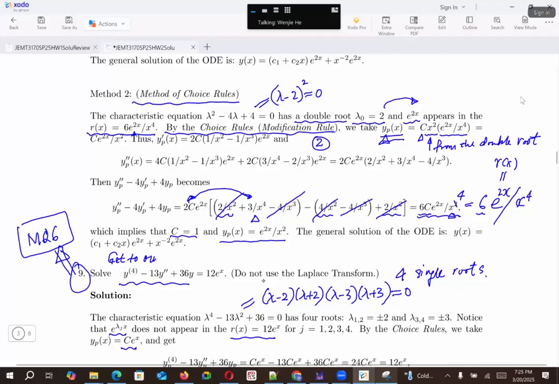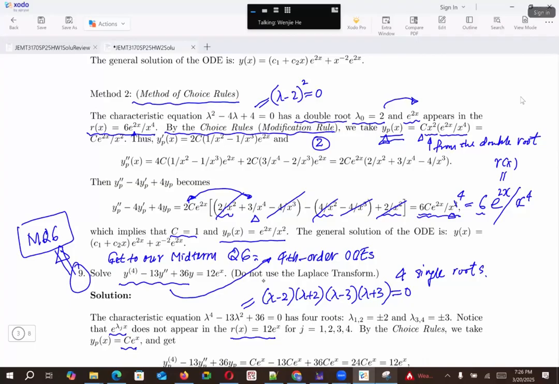Now we get to our midterm question, question number 6. The important idea here: I want to give you a 4th order ODE.